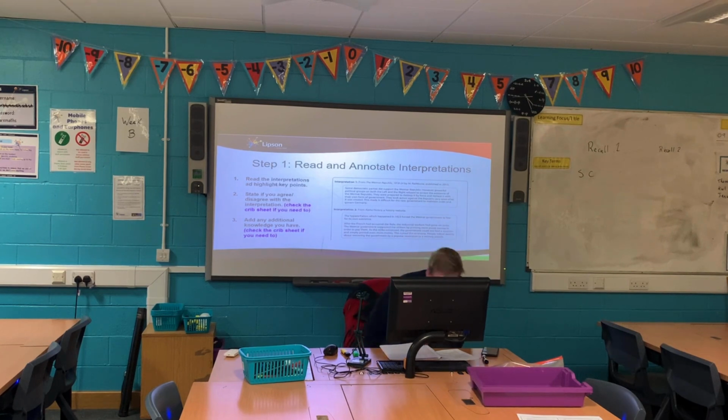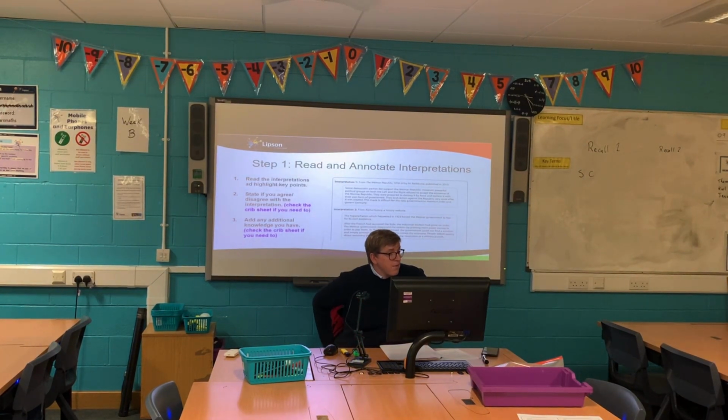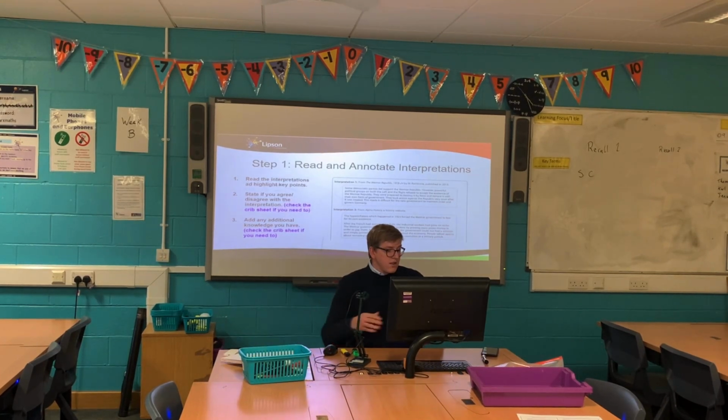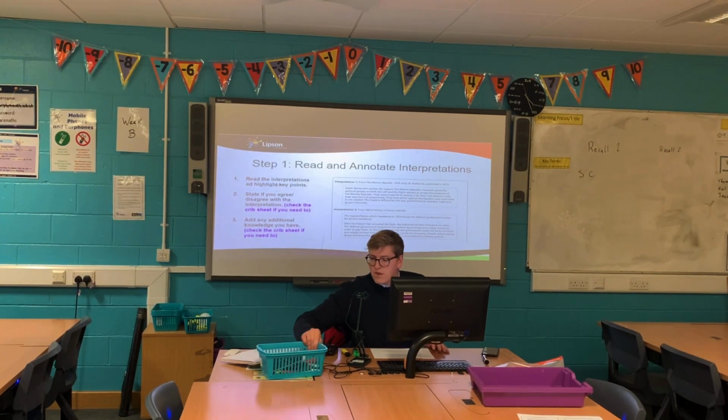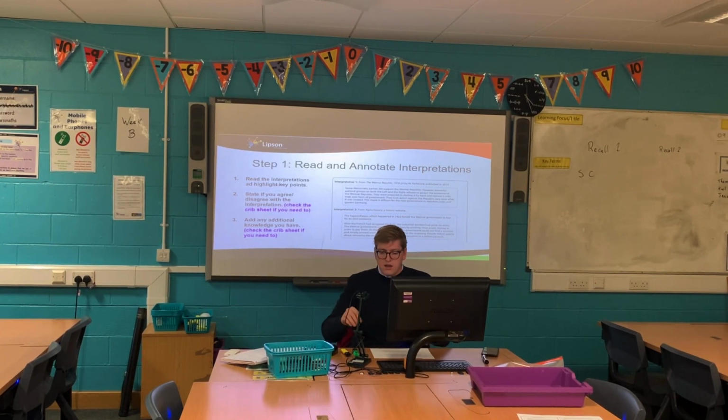Now, our first step, you are given with this paper 2 sources and 2 interpretations. The 16 marker only ever looks at interpretations, so you will not need the sources. What I'm going to do is annotate and go through the sources with you, because then that will allow us to complete the question later on.